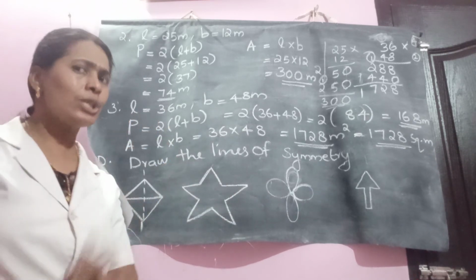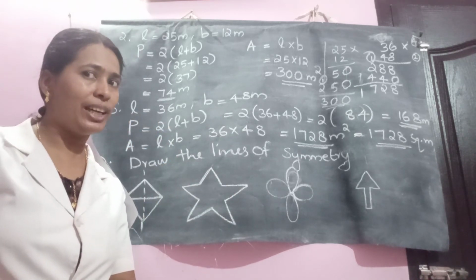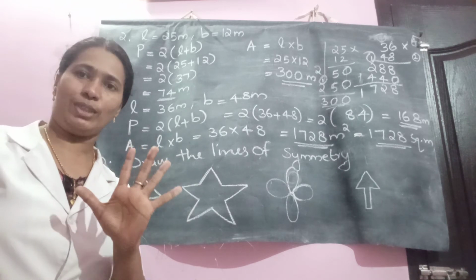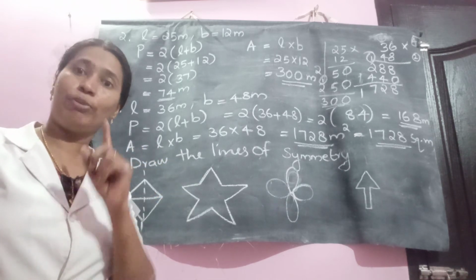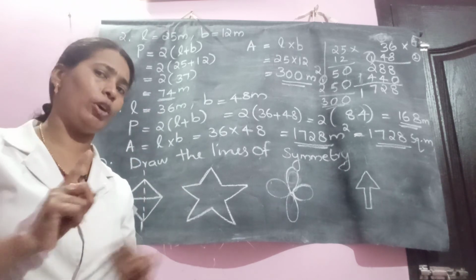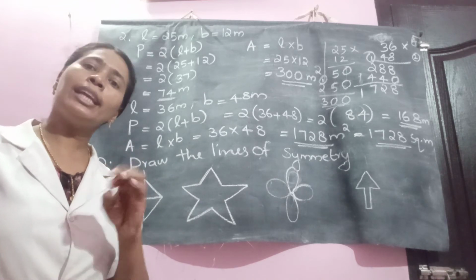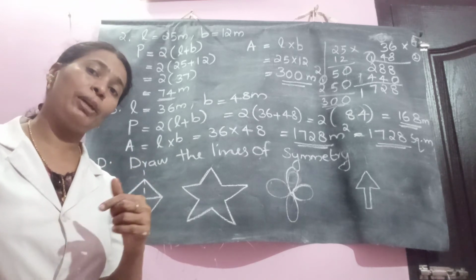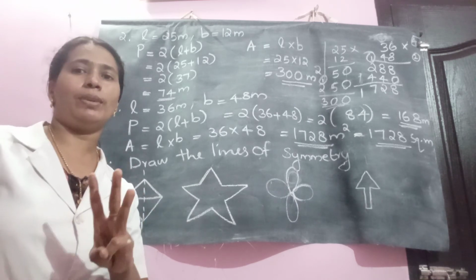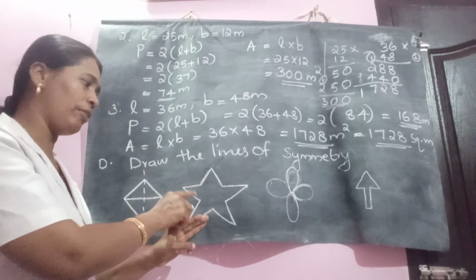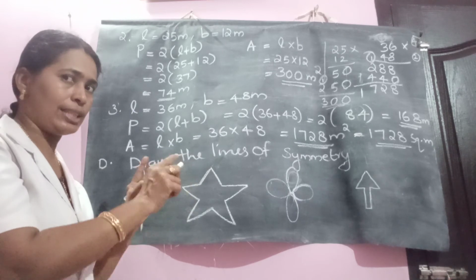So how many lines of symmetry? 5 lines of symmetry. For a fan leaf, normally we have 3 leaves, so 3 lines of symmetry are only possible.